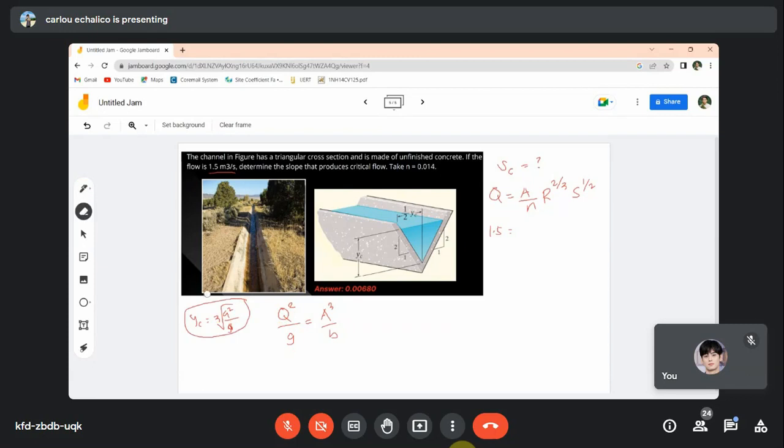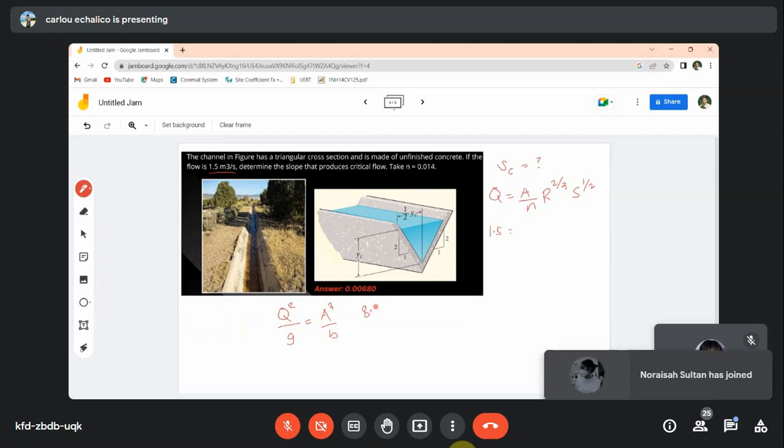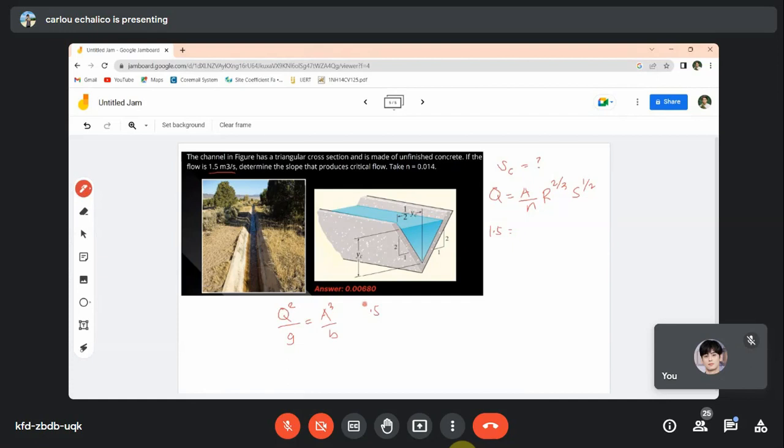Okay, so para makuha na to ang critical depth, discharge is given. Discharge is 1.5 meter cube per second.